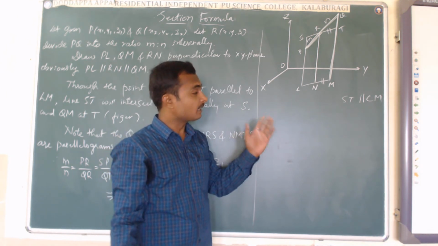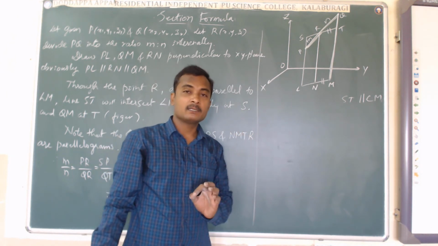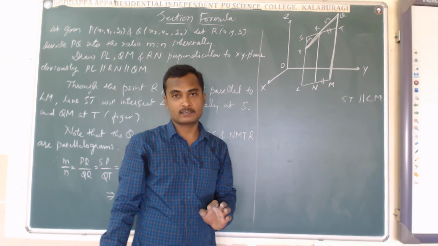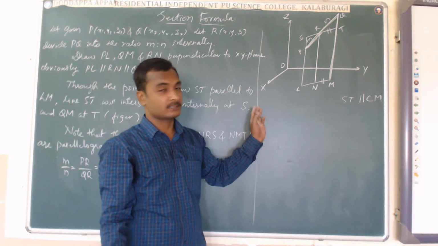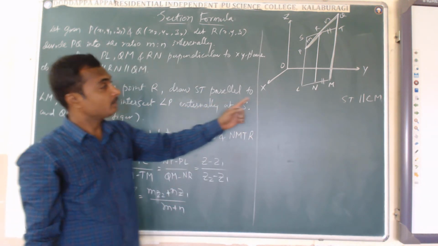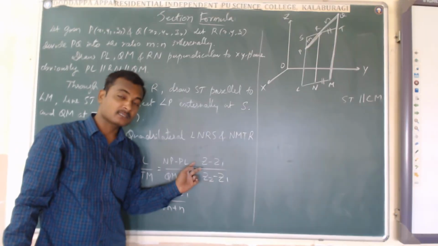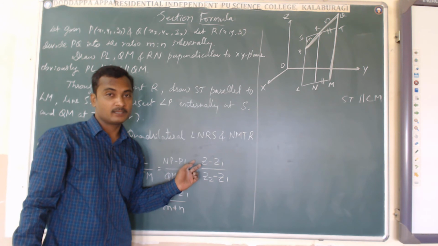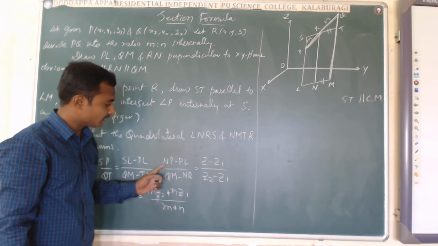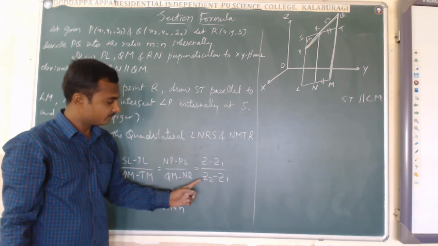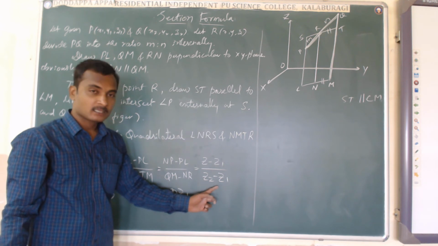Remember, if a line is perpendicular to the XY plane, it is no doubt parallel to the z-axis. It means there must be the difference of the z coordinates. This NP minus PL is Z minus Z1. This QM minus RN is Z2 minus Z1.